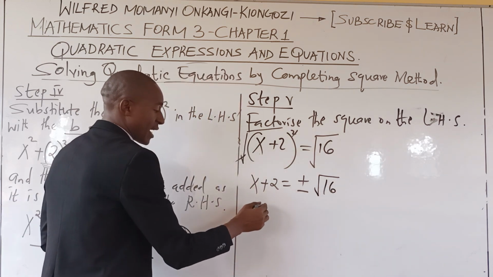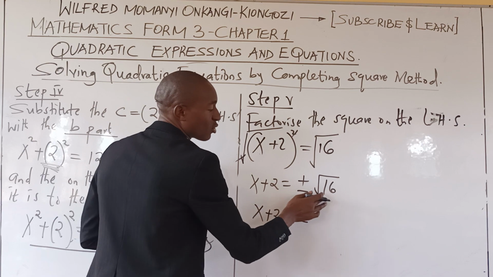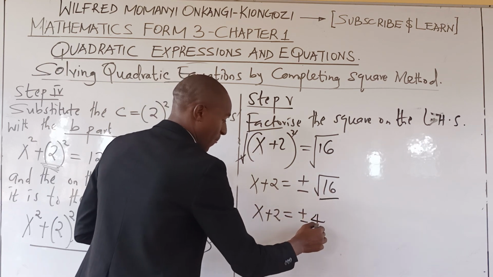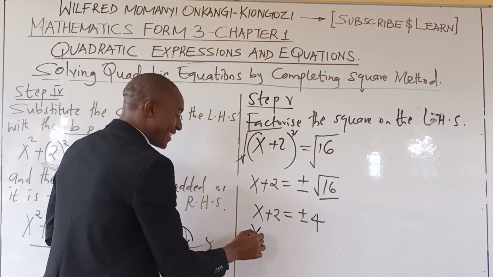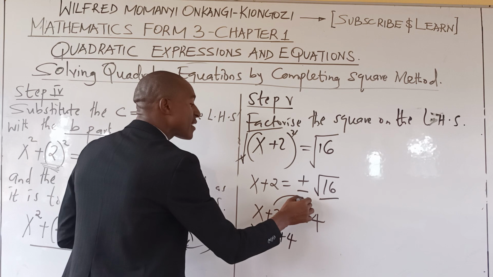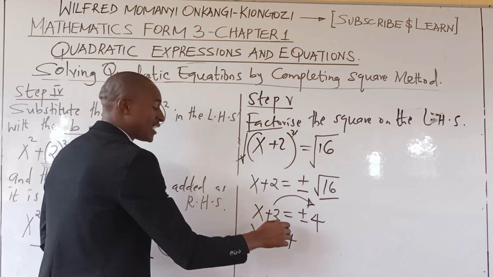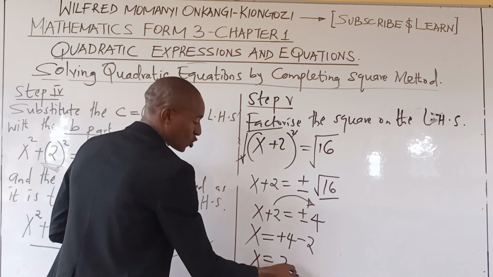This gives us x plus 2 is equal to plus or minus the square root of 16, which is 4. The first value of x is given by x plus 2 equal to positive 4. Then you take the 2 to the other side. It becomes minus 2.